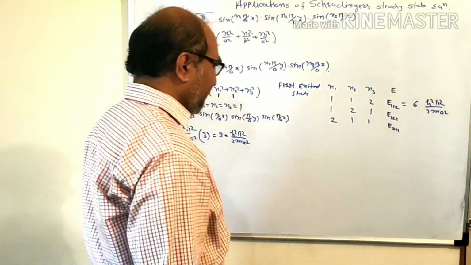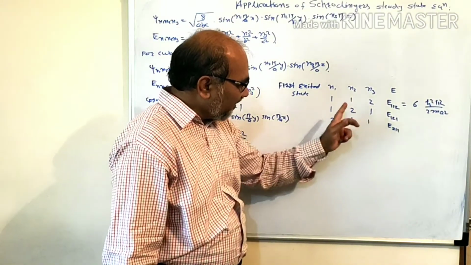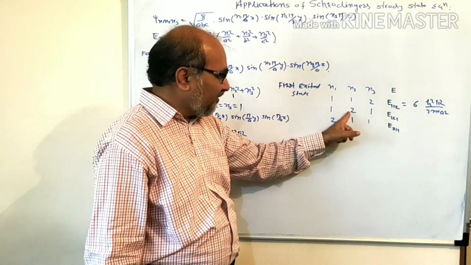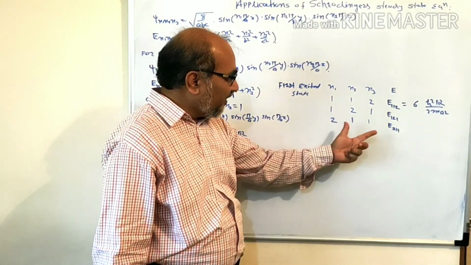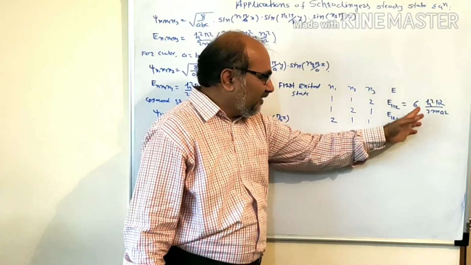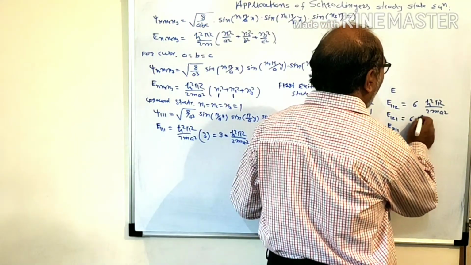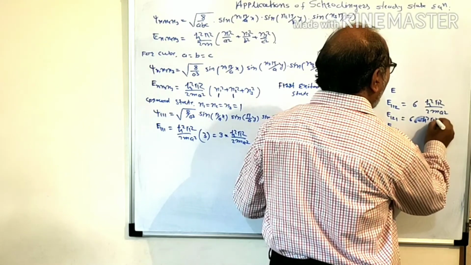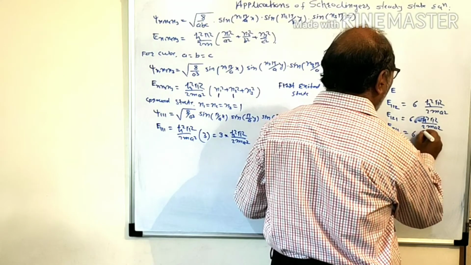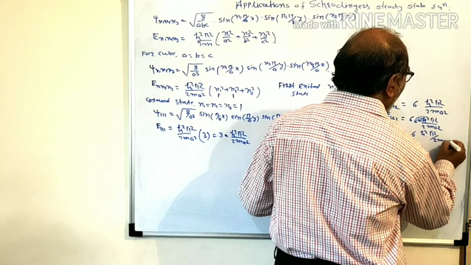Now, only the interchange of the 1 and 2 is there. So here n1 is 2 and n2 and n3 are 1. Therefore the 6 is common, and this is also the same: 6 into h bar square pi square divided by 2ma square.